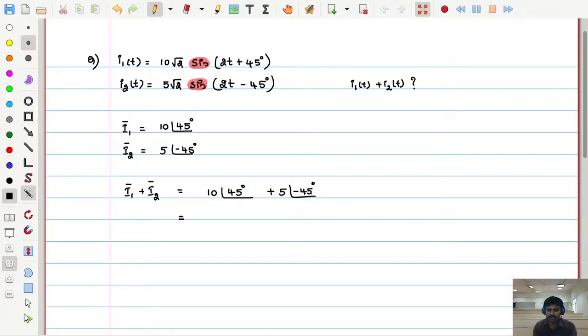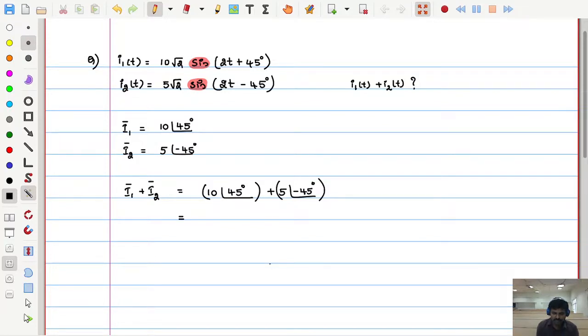All of you try this. If you want, you can open a bracket to avoid any kind of mistake. Just 10 shift angle symbol 45 and close the bracket, then 5 shift angle symbol minus 45, close the bracket and press enter.